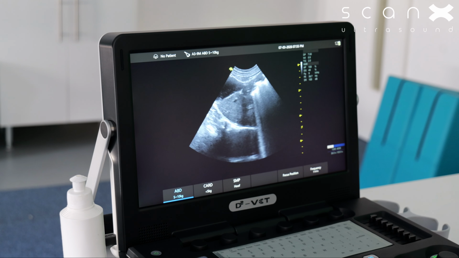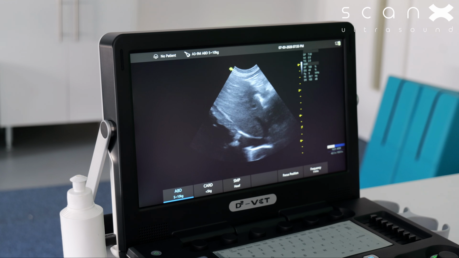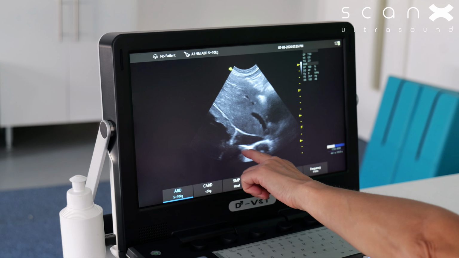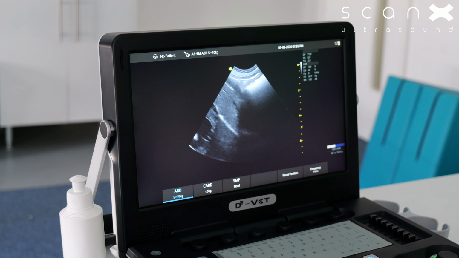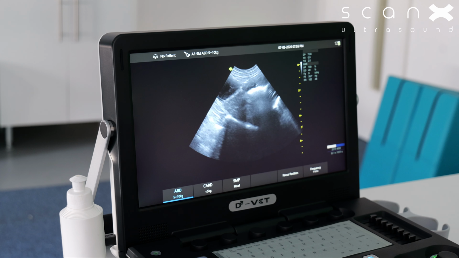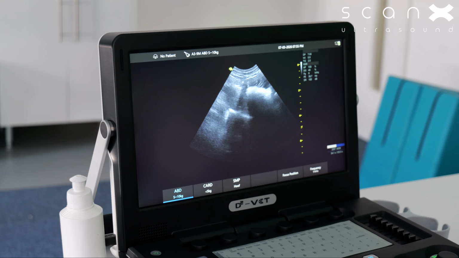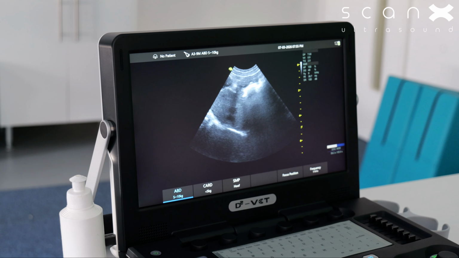I'm slightly rotating caudally, and I fan to the right, and you can see the caudal vena cava coming into view, and then I fan all the way to the left, the gallbladder coming into view, and then it disappears again. And we've got the stomach coming there with the gas shadow.